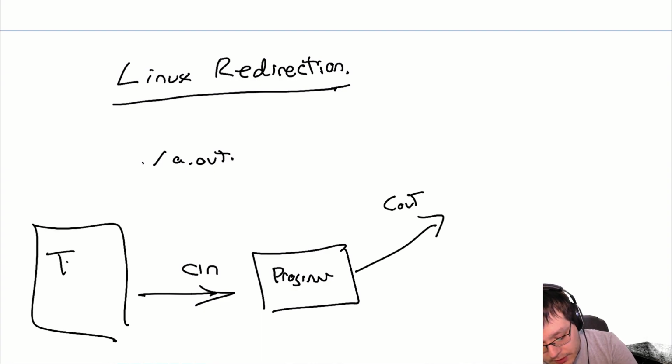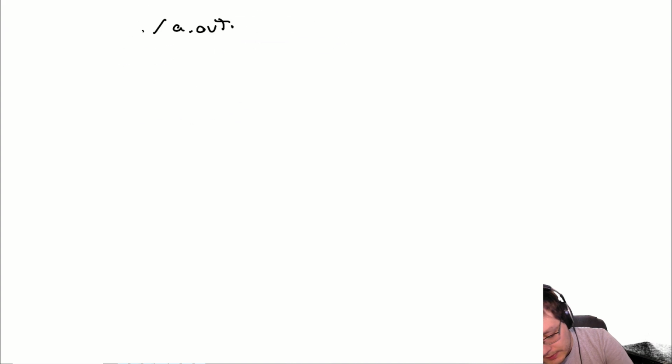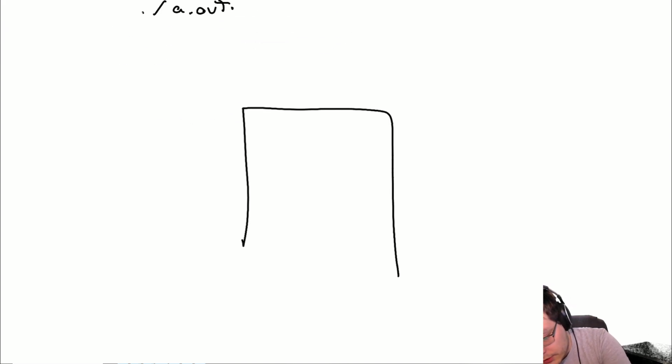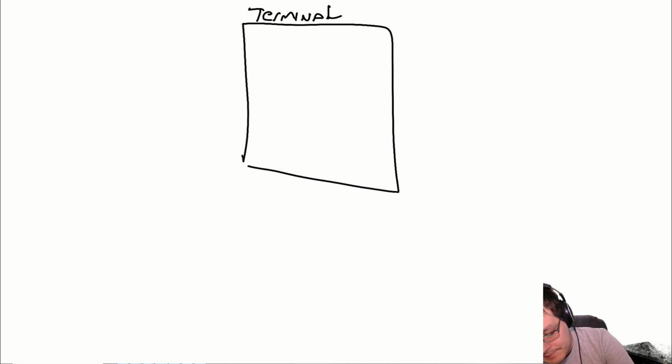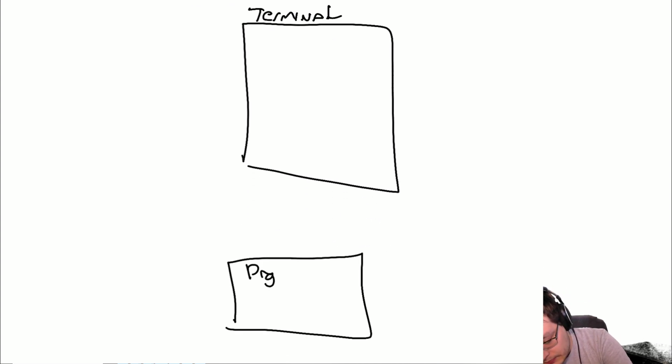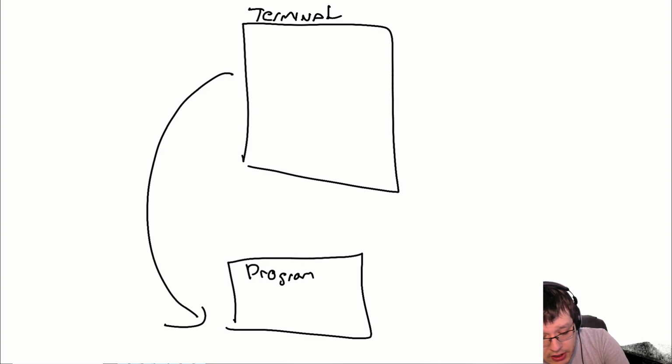And here's your terminal. Actually, I suppose a better way of representing this would be like this. So you've got your terminal here, and you've got your program here. Okay, and so information coming in from the terminal is called cin.